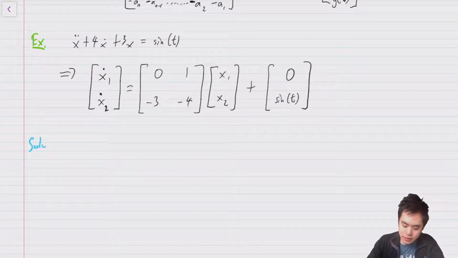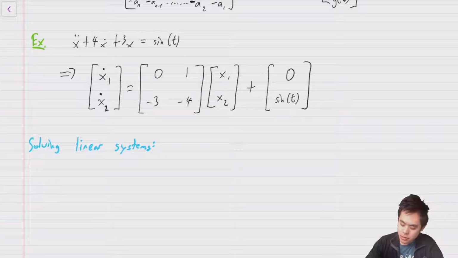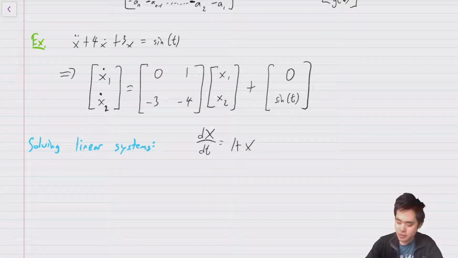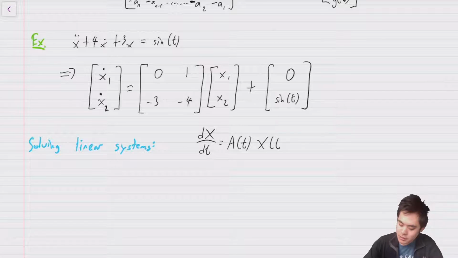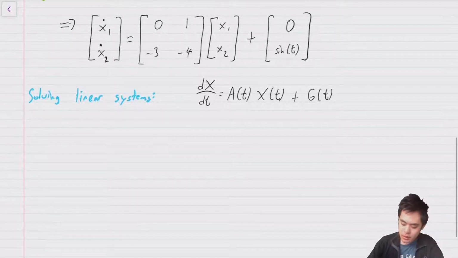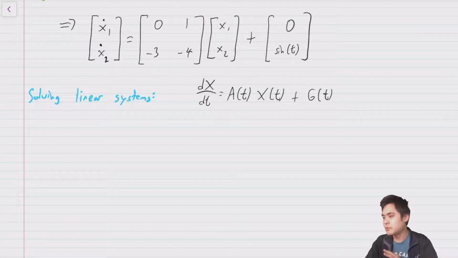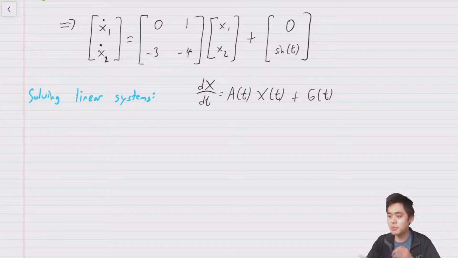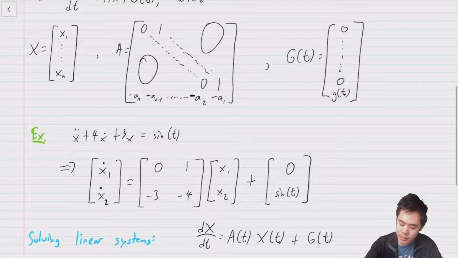And these linear systems can be solved. So, solving linear systems. If we have a linear system, dx/dt is equal to Ax, I'm going to go ahead and give the explicit dependence on t here: A of t, x of t, since the coefficients can be dependent on t, plus g of t. So this is for any linear system of this form, not just ones that arise from the companion matrix.